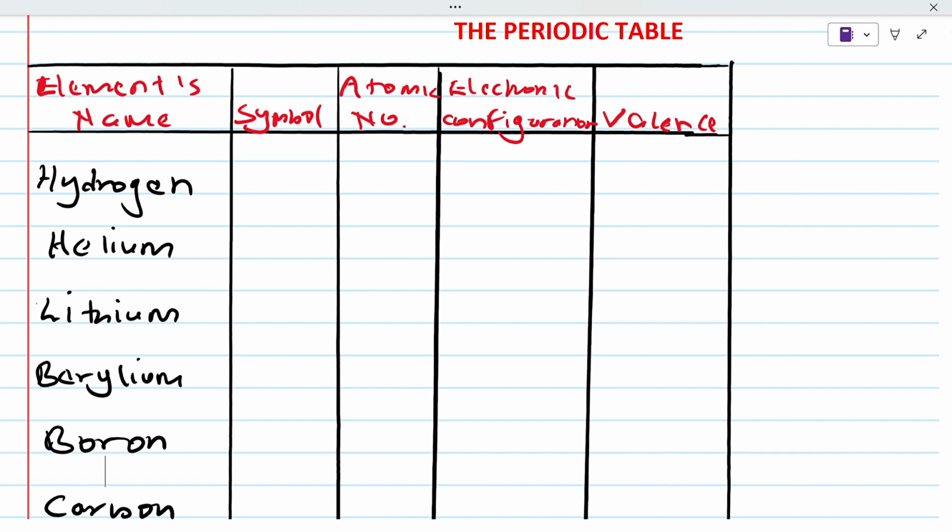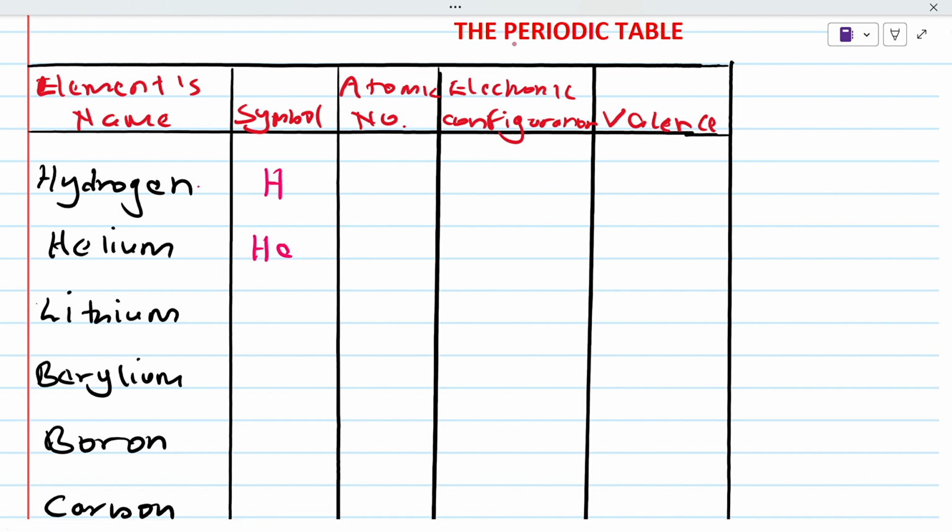Hydrogen is number 1 in the periodic table, and it always has a symbol capital H. Helium has a symbol He, capital H, small e.